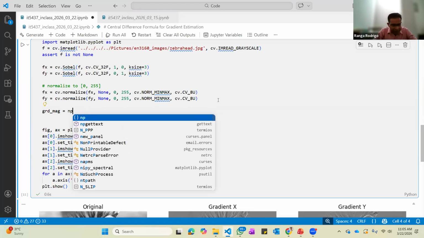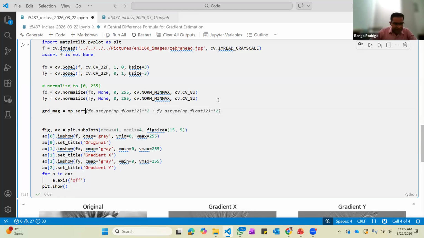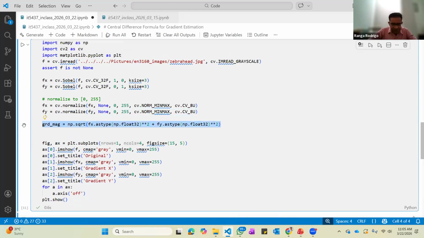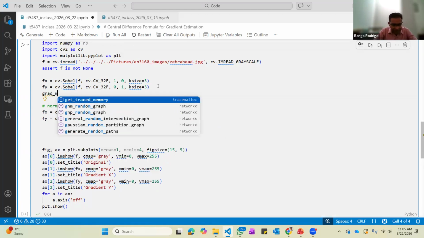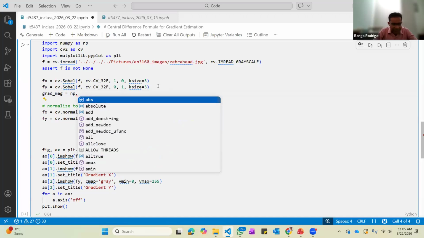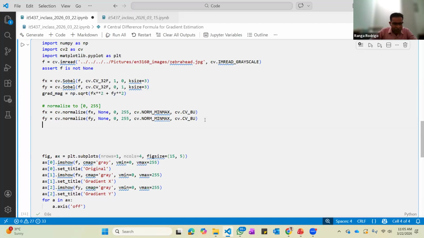NP.sqrt, you can square it and take the square root. Grad magnitude is equal to, otherwise you can use NumPy, then you can see what it is. np.sqrt(fx square plus fy square). That's the gradient magnitude.